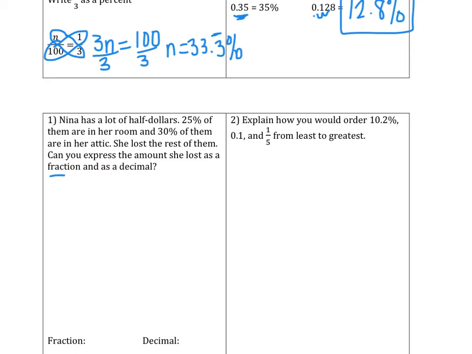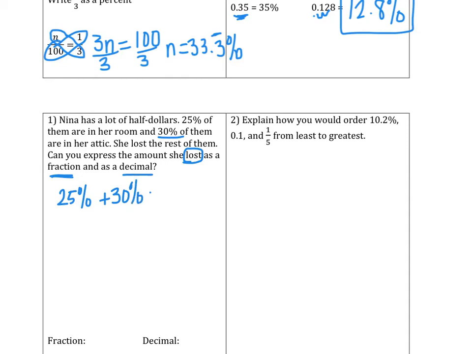So we first need to express the amount that she lost as a fraction and as a decimal. In order to do that, we need to find out how many she has. She has 25% of them in her room, plus 30% of them in her attic.